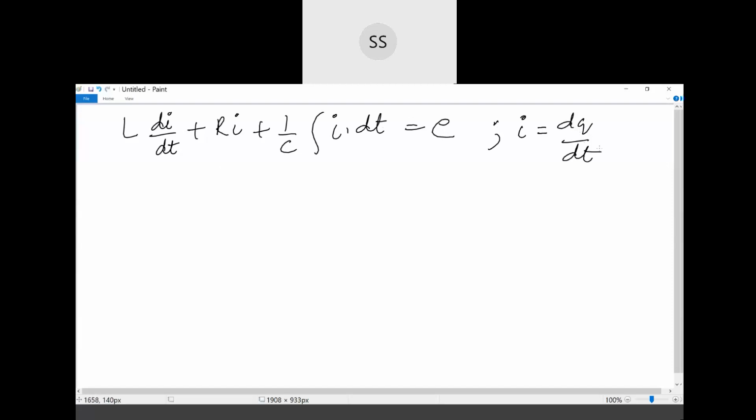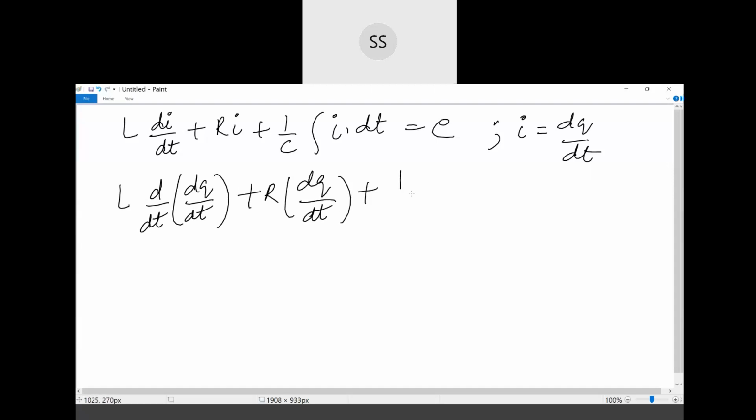By substituting that, this equation becomes L d by dt of dq by dt plus R dq by dt plus 1 by C times, the integral of I dt is nothing but q itself, because the integral of I dt is q.